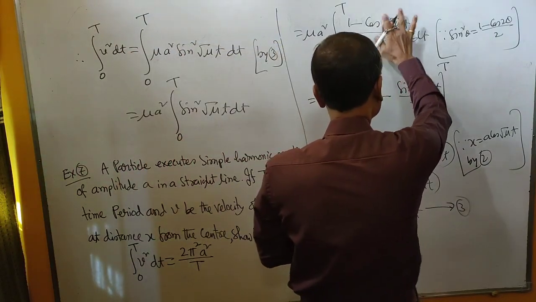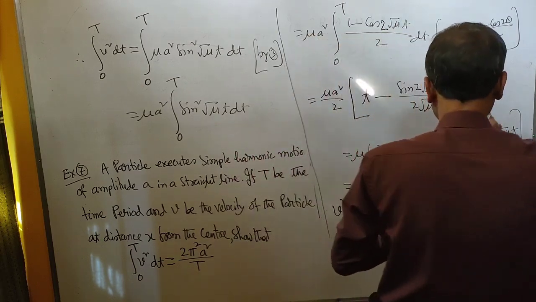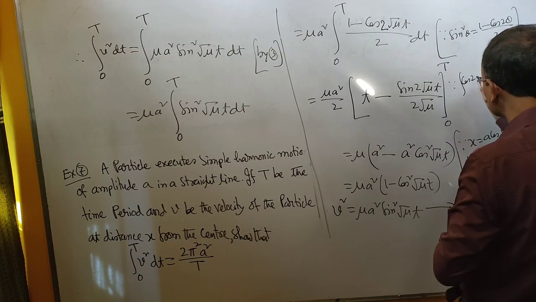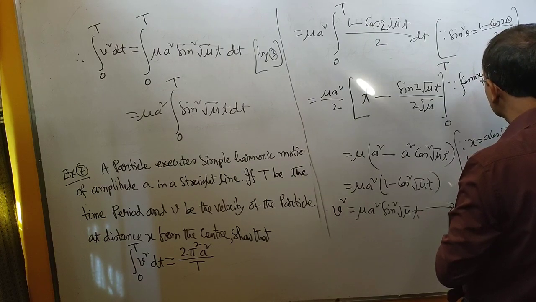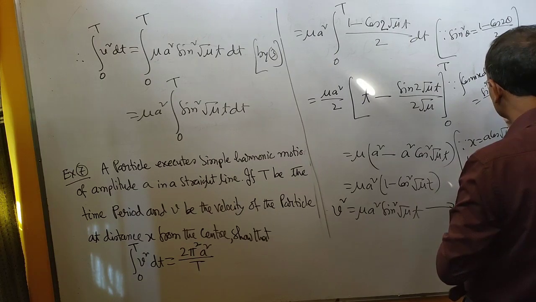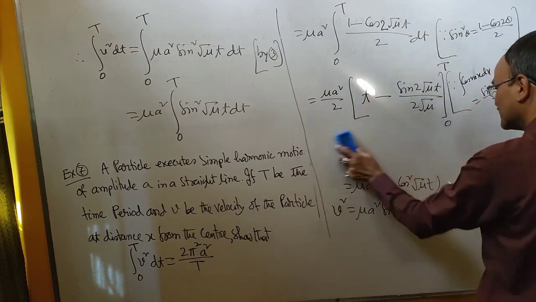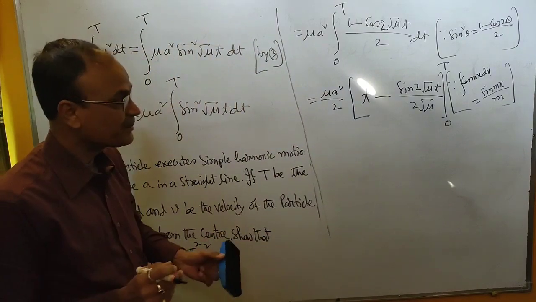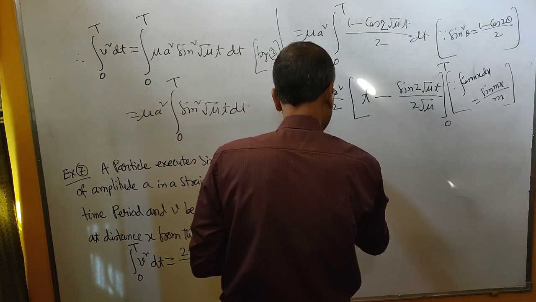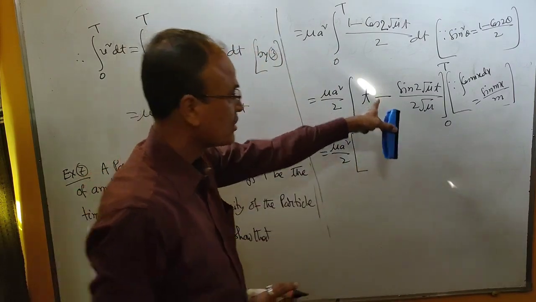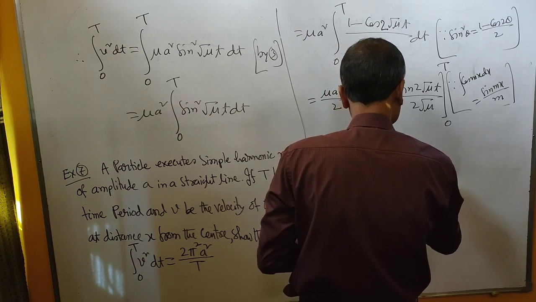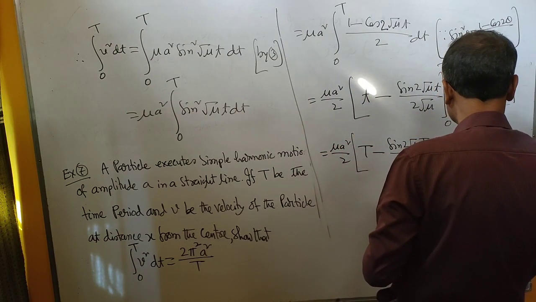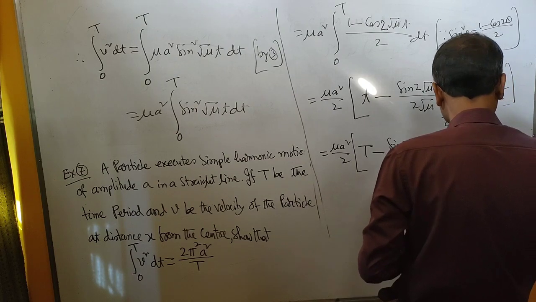Since integration of cos mx dx equals sin mx divided by m, we put the limits: mu a square divided by 2 times T minus sin twice root mu capital T divided by twice root mu, minus 0 minus sin 0 divided by twice root mu.